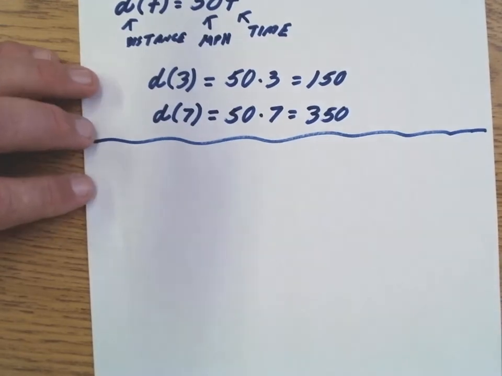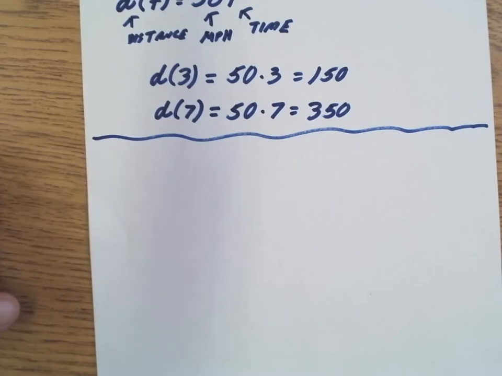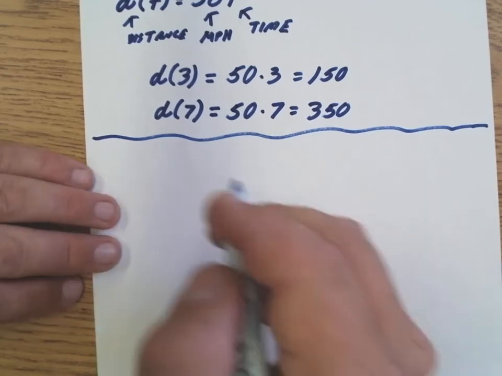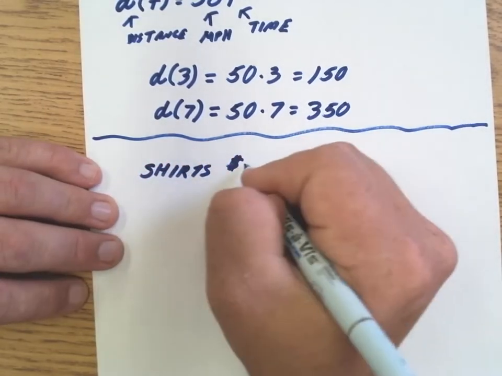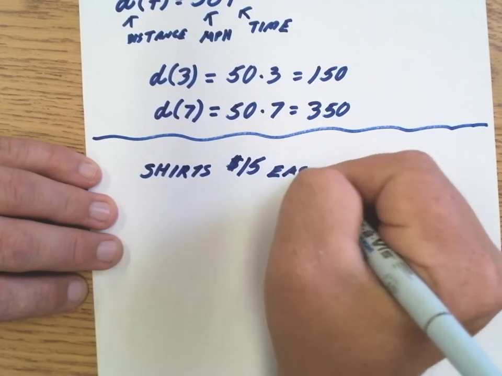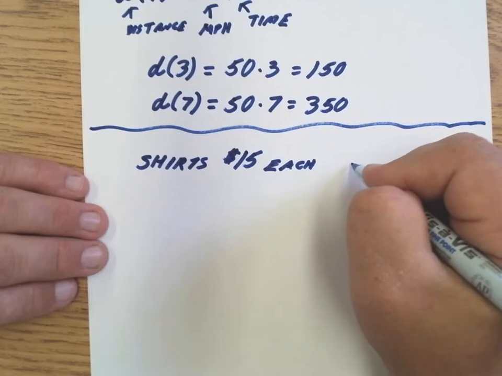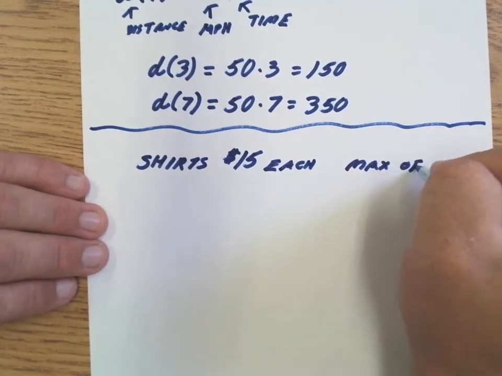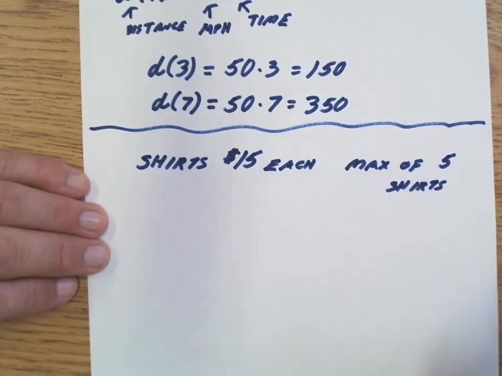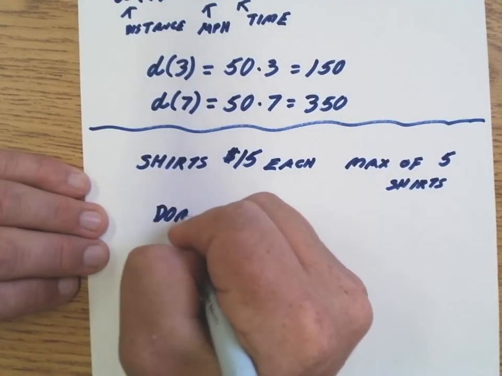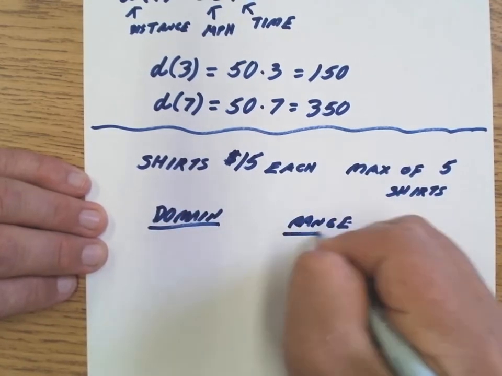Now, another application might be this. Let's say shirts cost $15 each, and you want to buy a maximum of 5 shirts. We want to know what the domain and the range would be.